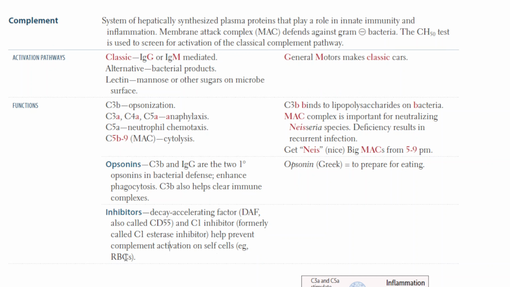They are the main inhibitors to prevent the complement from activating on ourselves.